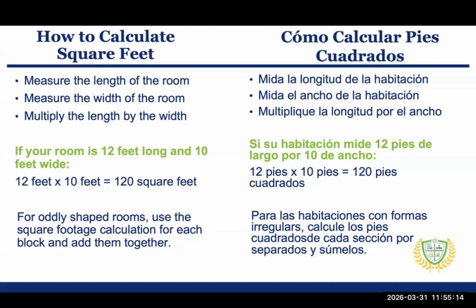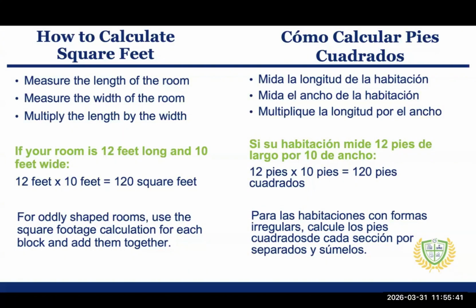So next, fix that tape measure to one end of the shortest wall in your space and extend it to the other end. You want to record this measurement and multiply them. So we want to basically get the square footage of a room. We measure length, we measure width, we multiply both. That's your square footage.